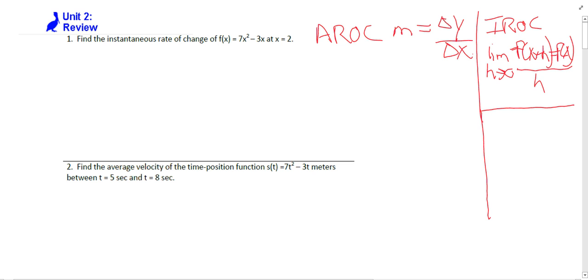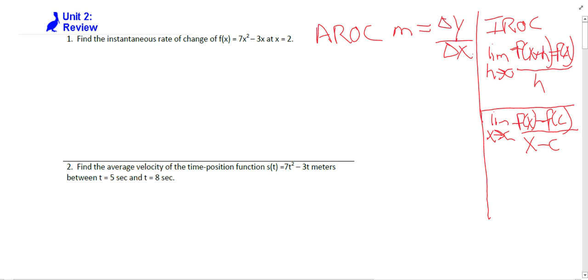And of course, if we wanted to know at a specific point where x approaches some number c, like x equals 2 or something like that, well, we would use f of x minus f of c as our delta y on top there.